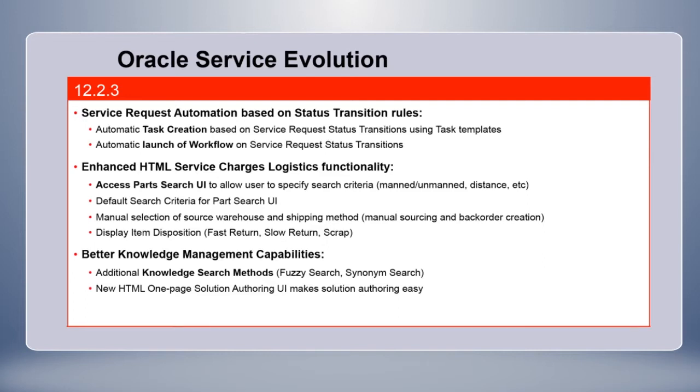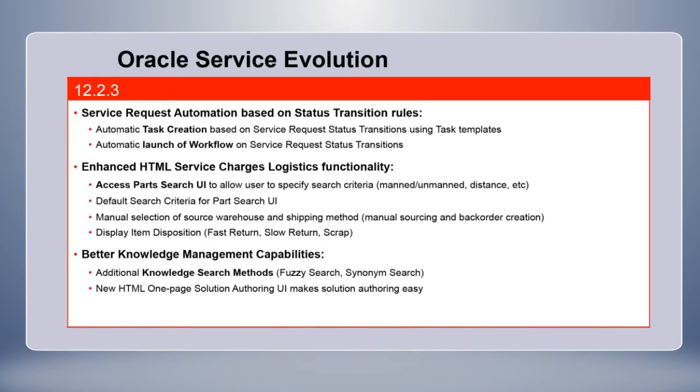Now we have the ability to access our very advanced parts search UIs, so the user of the charges UI who's doing the advanced exchange can source the parts from manned warehouses and unmanned warehouses. We have distance parameters and a wide variety of search criteria that the user can use to find the correct part to ship to the customer.